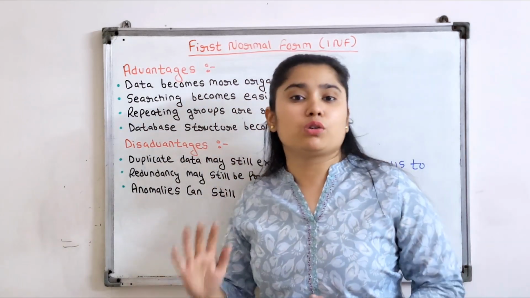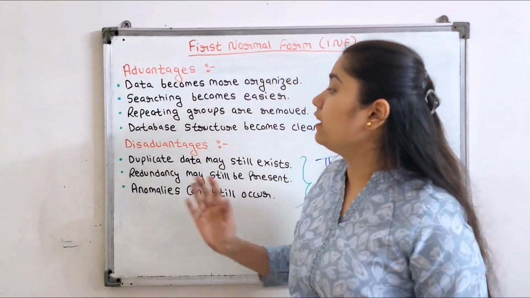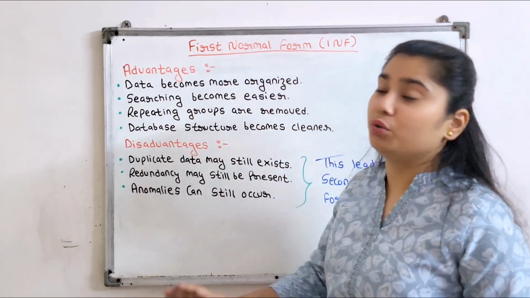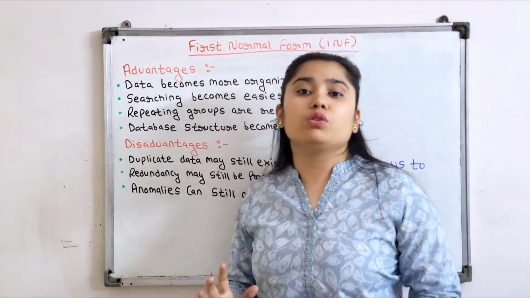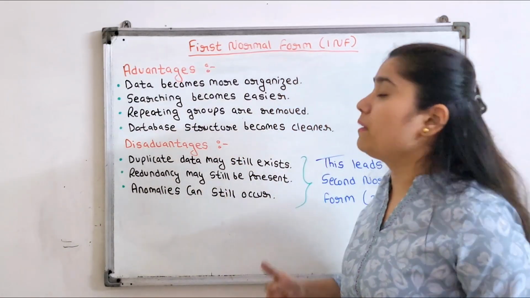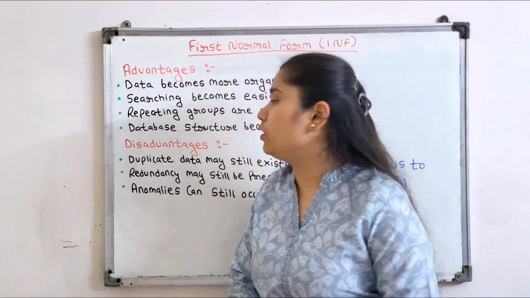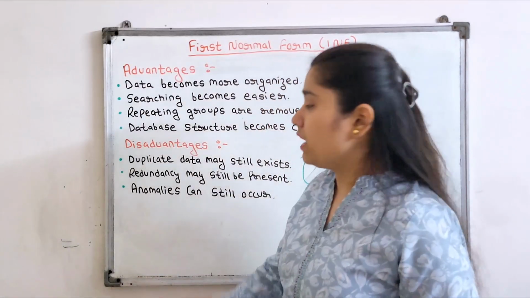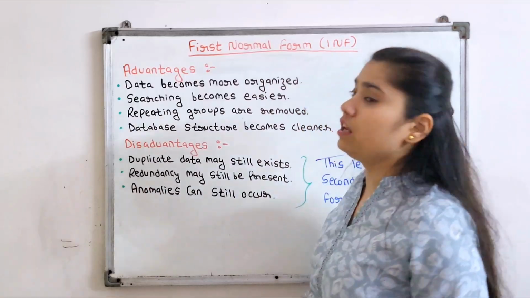These are the advantages of the first normal form, and there are also some disadvantages after converting into the first normal form. What are those? Duplicate data may still exist after converting into the first normal form. Redundancy may still be present in our table. Anomalies can still occur.